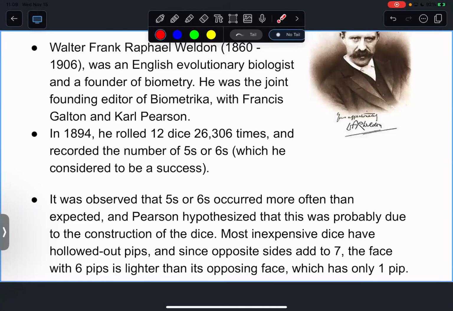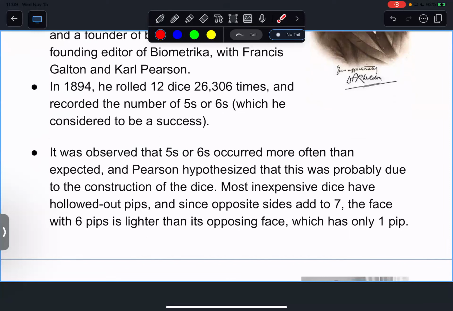But anyways, his hypothesis was that maybe the 5s and the 6s are showing up more often than the other numbers. So what he did was he just recorded the number of 5s or 6s, which he would consider a success. That's one way to boil it down into a success-failure situation: 5 or 6 is a success and everything else is a failure.